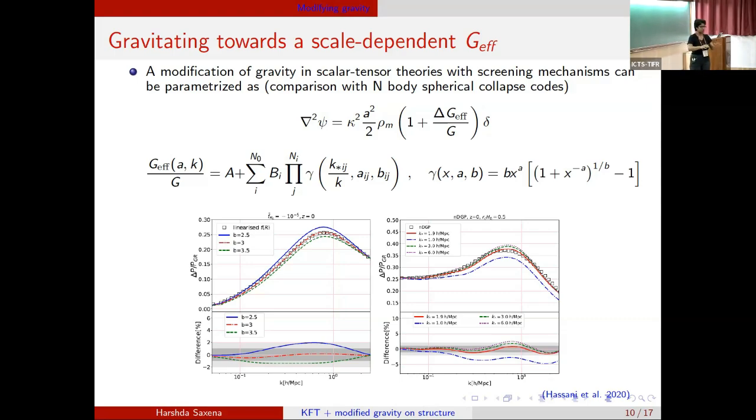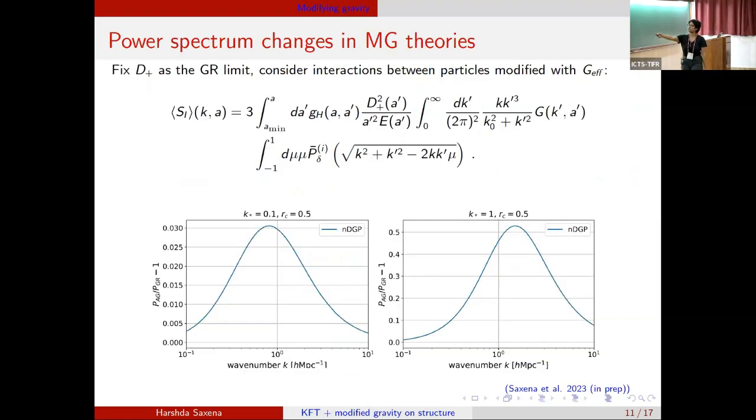Instead of your gravitational constant just being G, it becomes scale-dependent, which looks something of this terrible form. But the only thing to care about is that you can model multiple screening mechanisms, and you now have a scale dependence in your effective gravitational constant, where k star is a transition wave number, which denotes at what wave number your screening starts to activate. So it goes from modified gravity to GR. And this is how the simulations look.